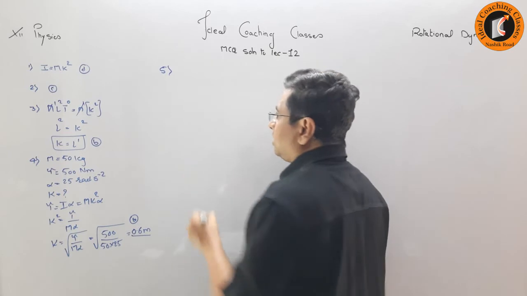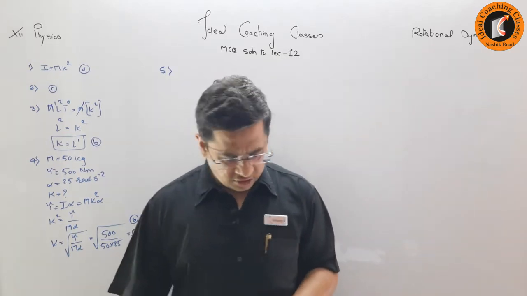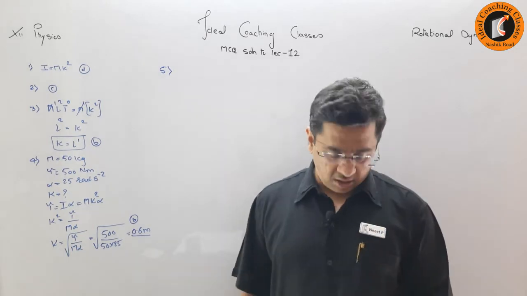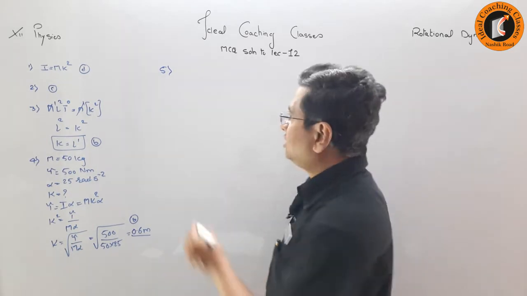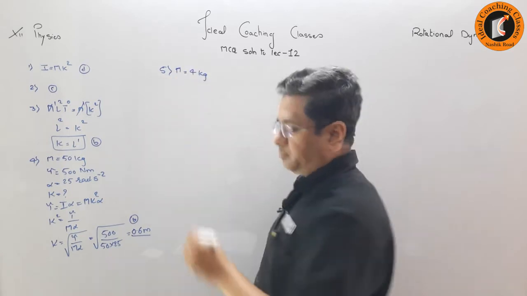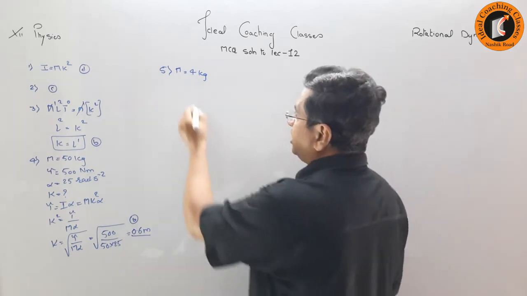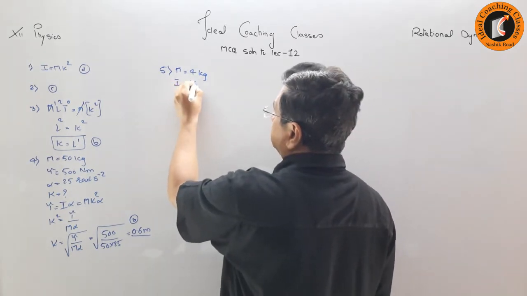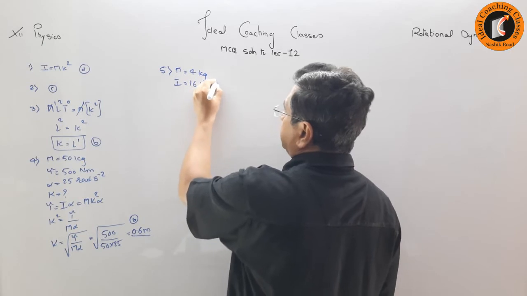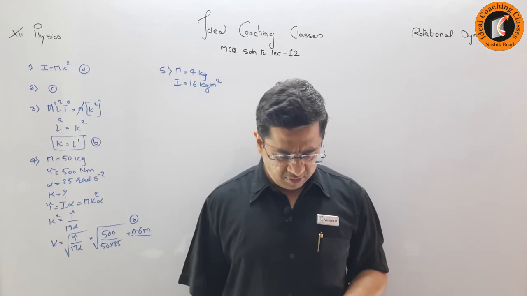Let us talk about the fifth question. A flywheel of mass 4 kg has moment of inertia 16 kg meter square.